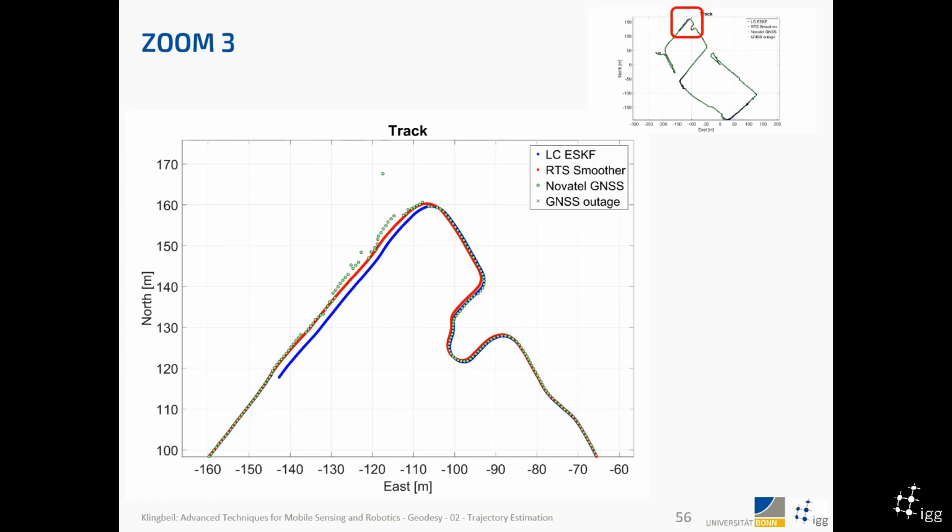The third area is an interesting area, because what we see here is that the green dots, the GPS observations, are now being a bit crazy. And this is what we've seen before, that in this area we are between the houses, the buildings. There will be many multipaths, a lot of obstructions of signals, so all these observations from the GPS receiver are basically systematically wrong.